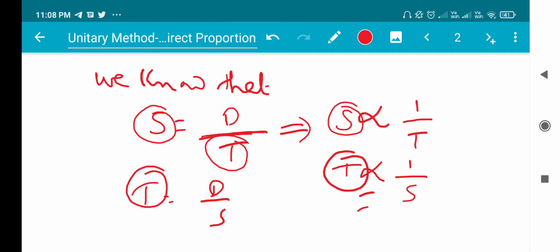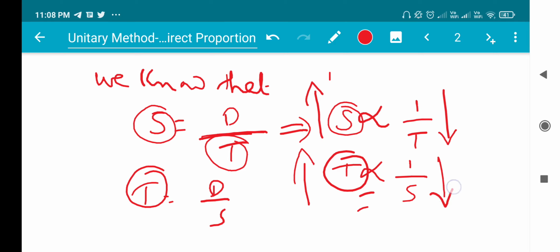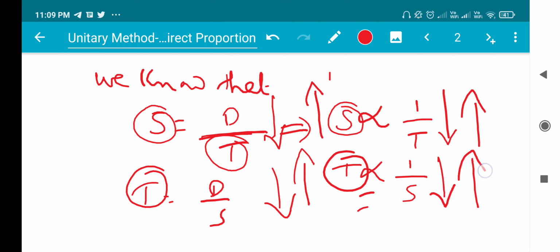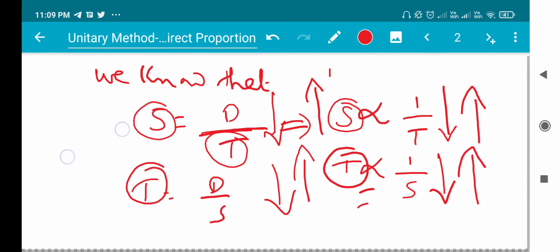So what is the meaning of this? If speed increases, time is decreased. If time is increased, speed is decreased. If speed is decreased, time is increased. If time is decreased, speed will be increased. So what have we learned from this?